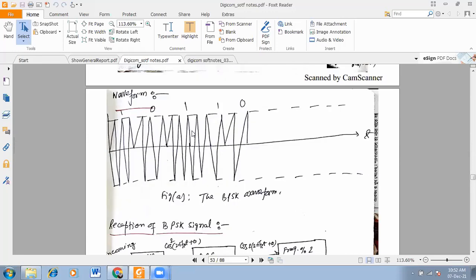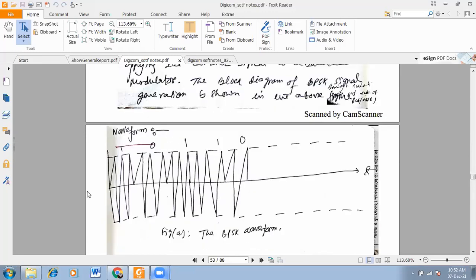Now see, this is your waveform. This is the BPSK waveform. So the carrier signal is there, and see there is a 180 degree phase shift between 1 and 0. This is 1, so this carrier exists, cos 2 pi FCT. Now the signal should come here, but as there is a 0, it's not coming to the negative side, rather it moves to the positive side.